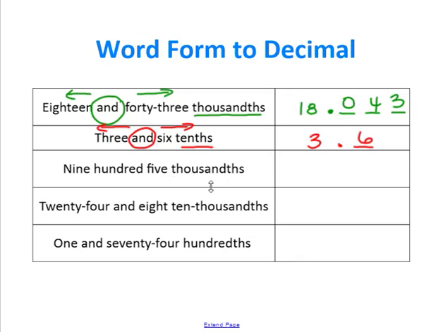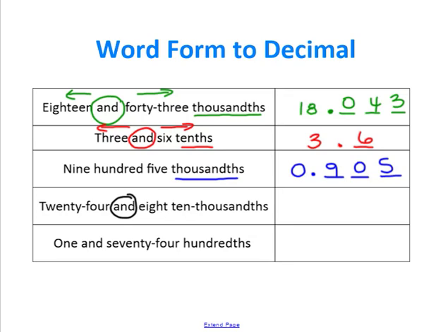Now there's no "and" word in there, and so that means that it's going to be a 0 point. Okay? So the place value is thousandths. So you're going to go out tenths, hundredths, thousandths. So you have 905. So you just work backwards, just like that. Okay? Let's try the next one. 24 and 8 ten-thousandths.